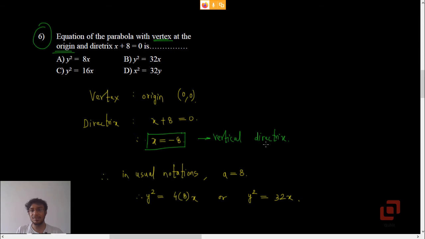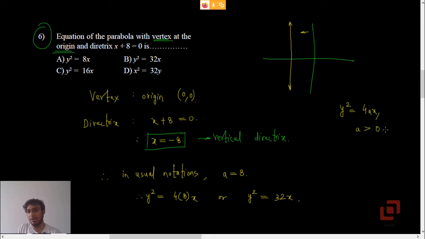So this is a vertical directrix. If the directrix of the parabola is parallel to the y-axis and is present to the left of the y-axis, then the equation of the parabola is in the form y squared equal to 4ax with a being greater than 0.